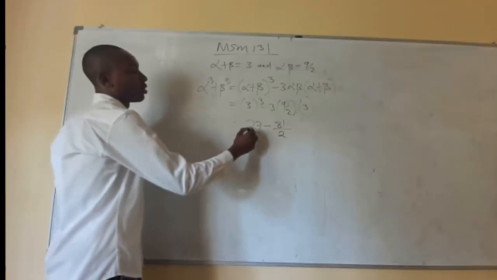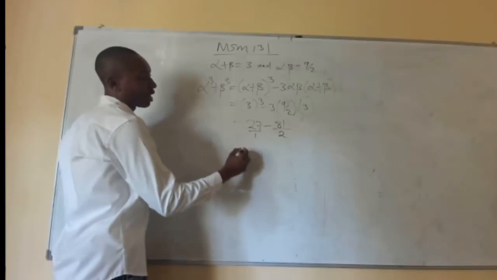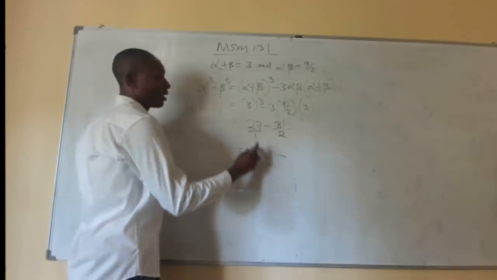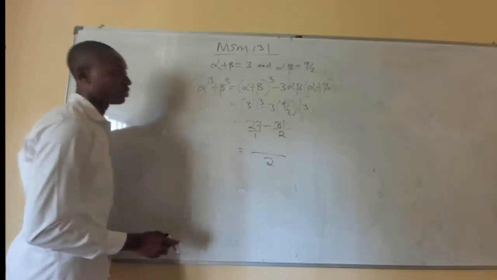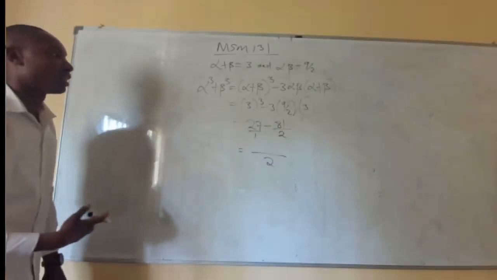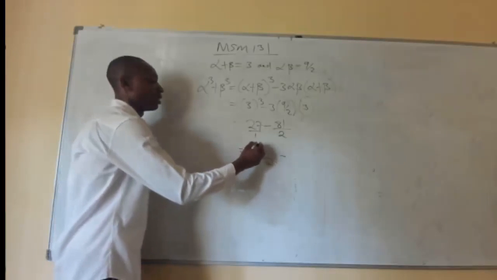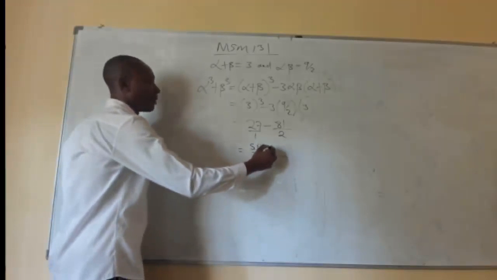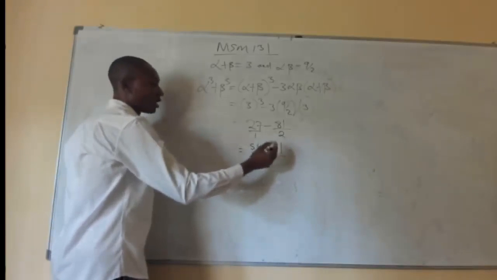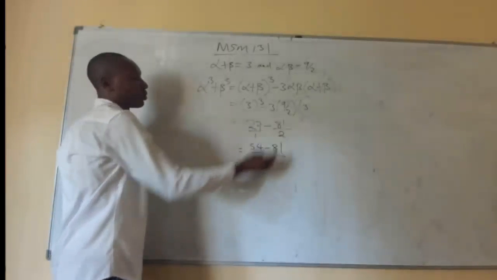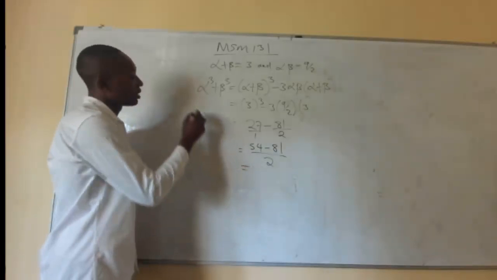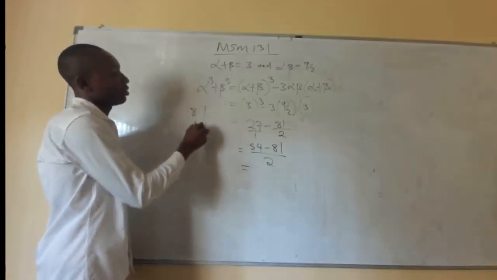Okay. So common denominator there, we have 2, then 1 into 2 is 2, 2 times 27 is 54, minus 81, because 2 into 2 is 1, 1 times 81 is that. So what's 81 minus 54?